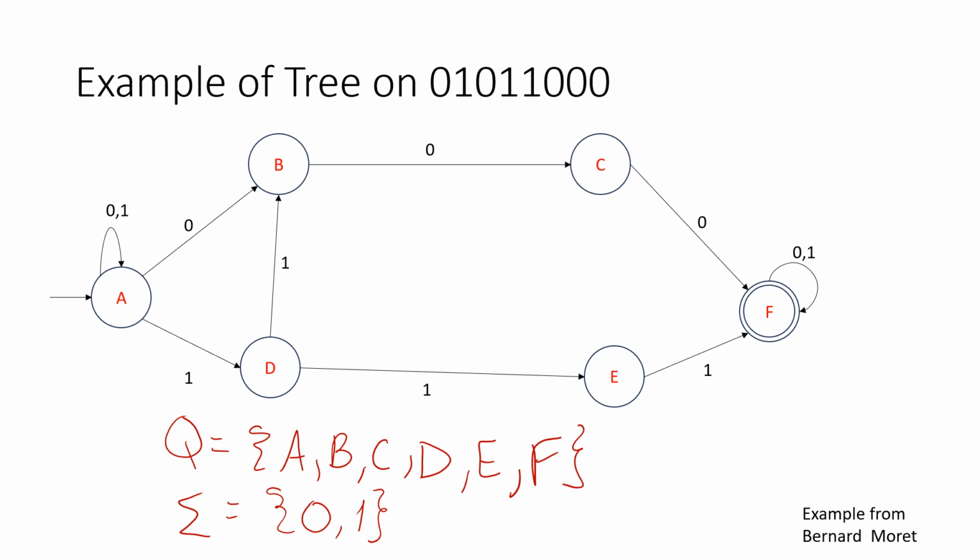Now what I want you to do is consider the string 0, 1, 0, 1, 1, 0, 0, 0, and try to draw out a tree of what's going to happen at each possible step as you are reading the letters of this input. I recommend, again, pausing the video and giving it a try.